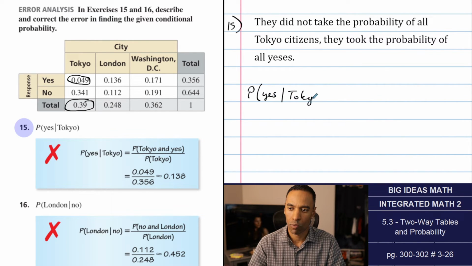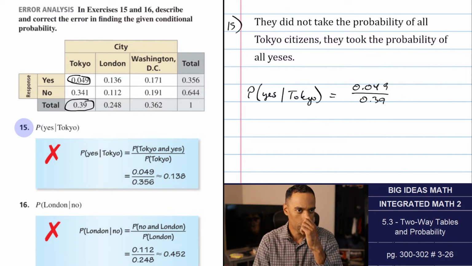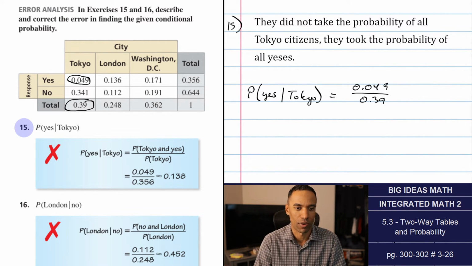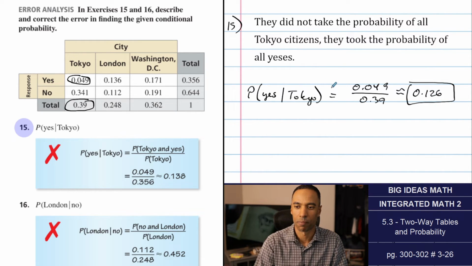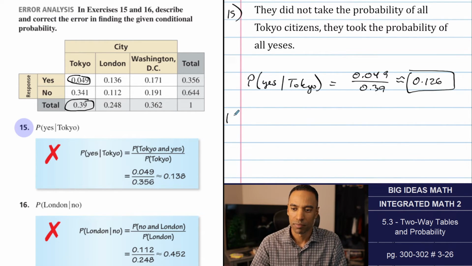Instead, they have the right wording for it, but they had the wrong numbers. So it is 0.049, but on bottom it's 0.39. At least we know there is an error, so we know it's correct. Otherwise, I might look at it and go, oh yeah, it looks good. 0.39, and I get 0.126. And they're keeping it as a decimal, so I'll do the same. 12.6% though. Now that's number 15.